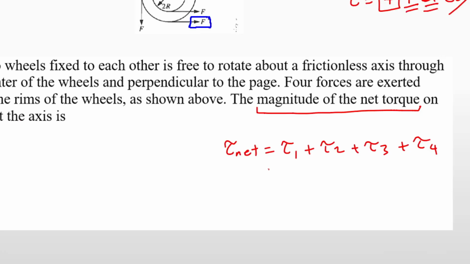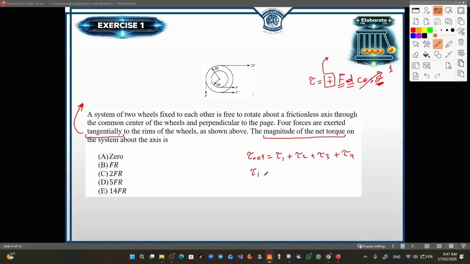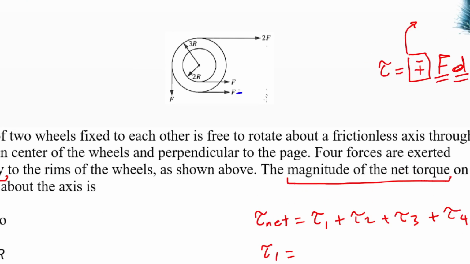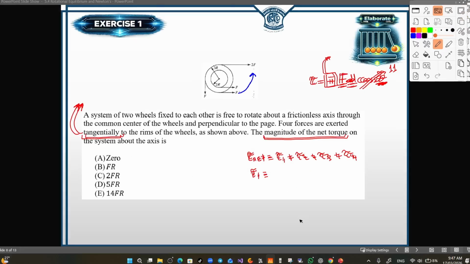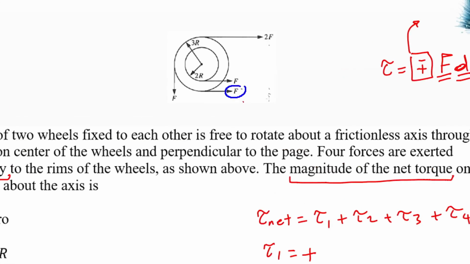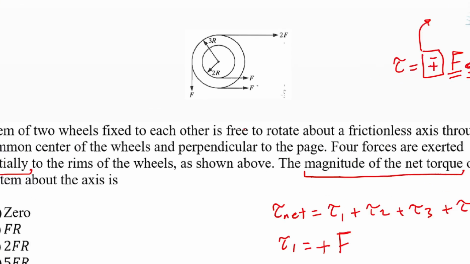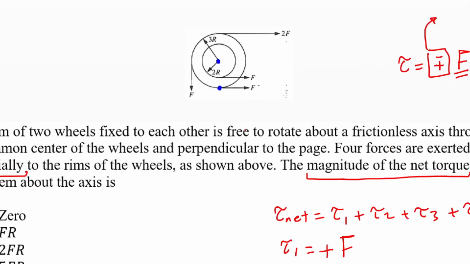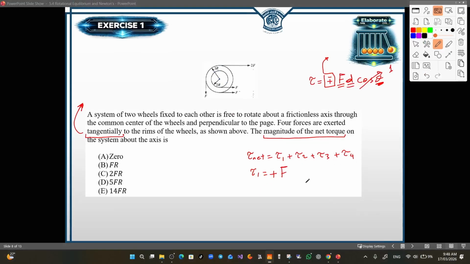Now let's start with the first force. Let's call this F1, or tau 1. This force will rotate the wheel in the counterclockwise direction, so the torque is positive. The magnitude of this force is F, and the distance between the point of application and the pivot is the outer radius, which is 3r. So tau 1 equals 3Fr.